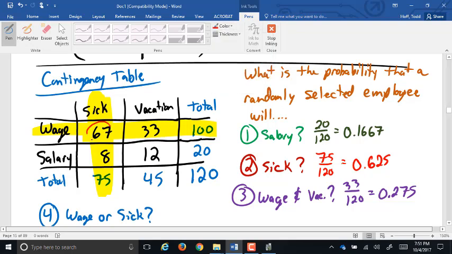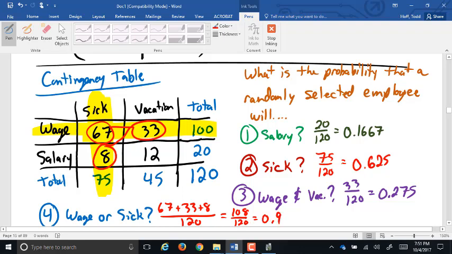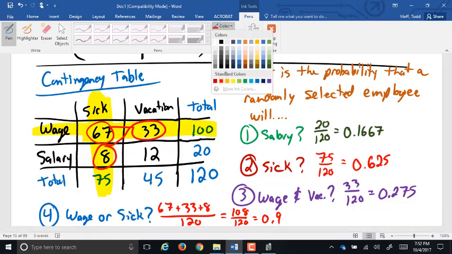So what that means is I have to add up those three numbers. 67 plus 33 plus 8, of course that's going to be out of 120, right? I add them up, that's 108 out of 120, otherwise known as 0.9. There are other ways I could have come up with that last number.